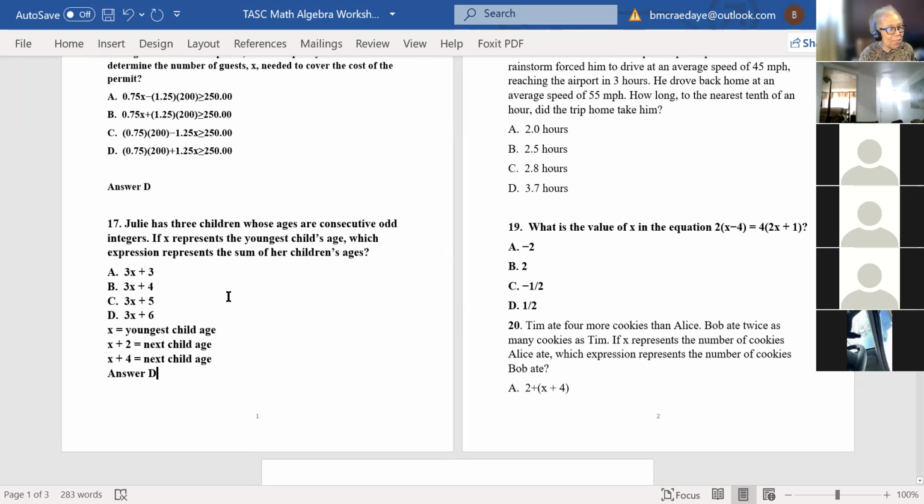If it says let X represent the youngest child's age, each time you're adding 2 to the next one, then you're adding 4. Just think if this was 1, 3, 5, right? 1, add a 2, 3, add a 4 to the 1, you got the next child's age, right? Okay, so I've got to start thinking about that.